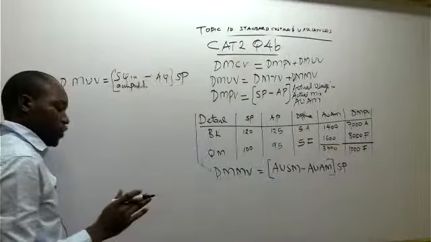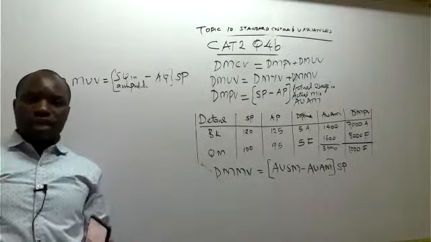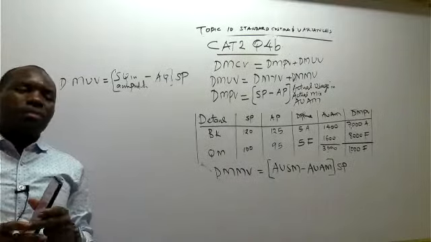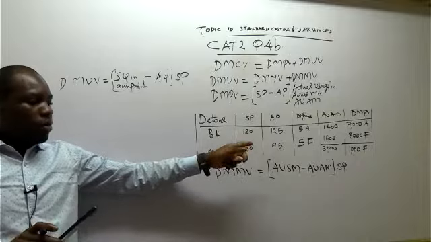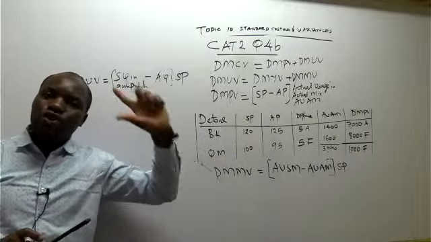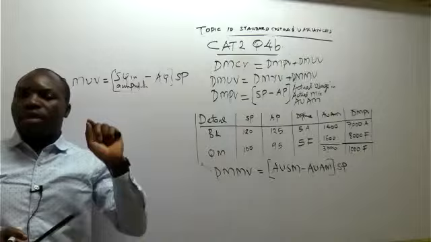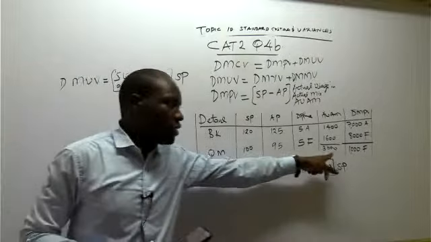That is the actual results. But this 3,000, they used 1,400 for BK, they used 1,600 for QM. That is the actual result, not the standard. Now assume they were mixed. Yes, the actual result total here is 3,000.